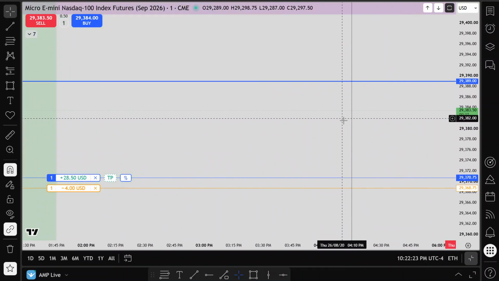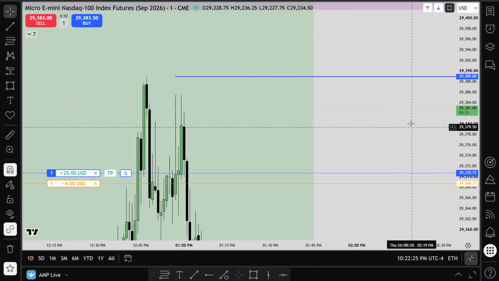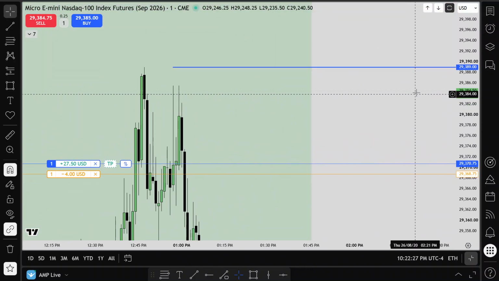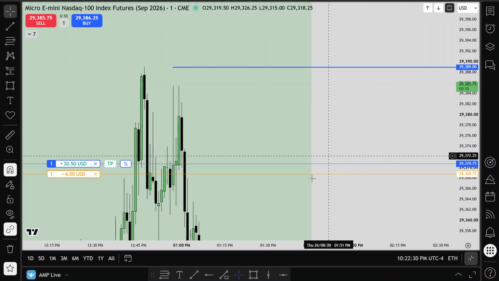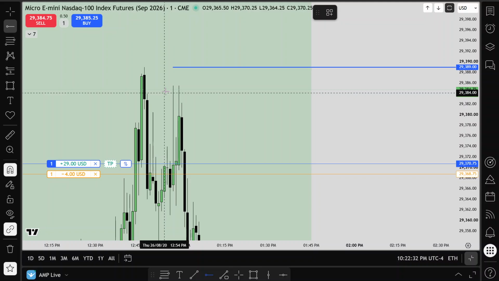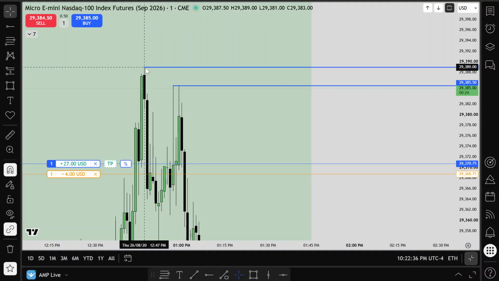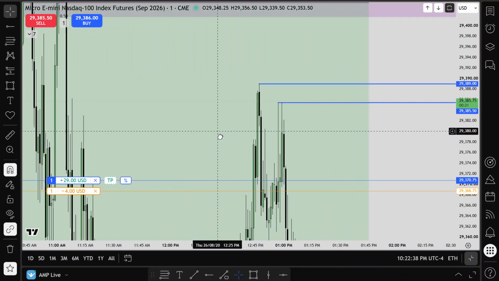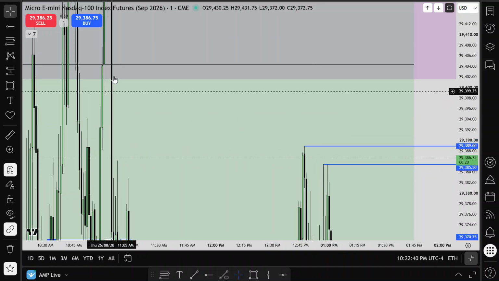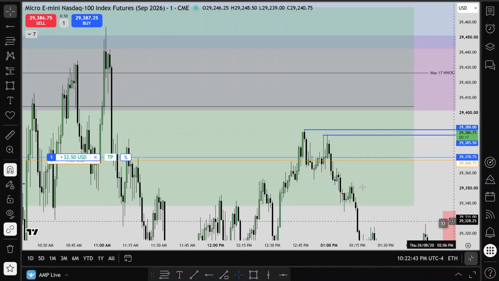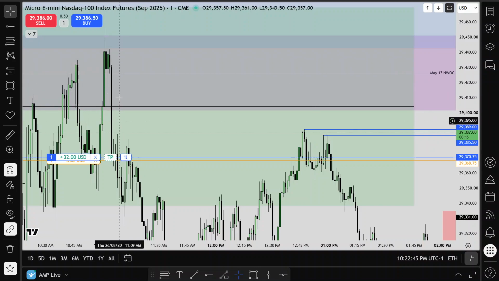Let's see what PD arrays we got. Where are we trading? We're right here. So here's our relative equal highs. Boom. And then that one. And then we have this big, long one. Thumb bit right there.